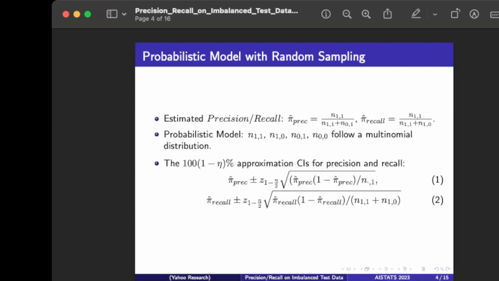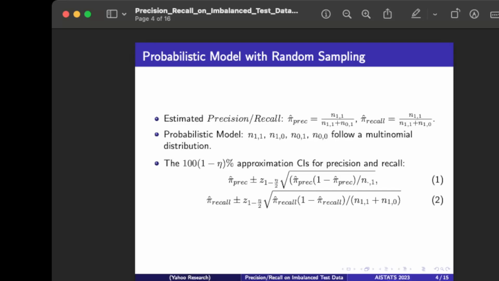The simplest monitoring test set would sample data from the whole population randomly and compute the precision and recall from the confusion matrix. Under the random sampling scenario, the 4 cells in the confusion matrix naturally follow a multinomial distribution.